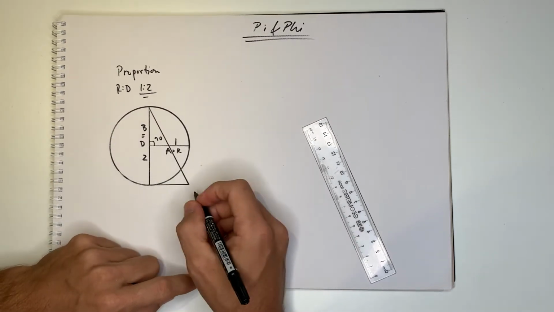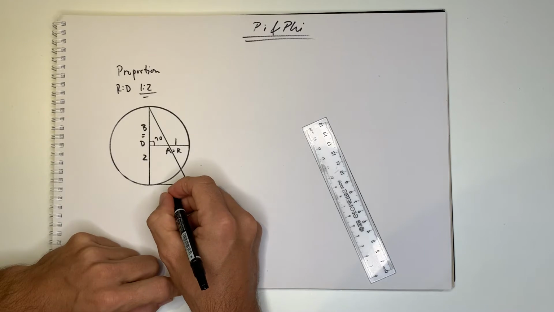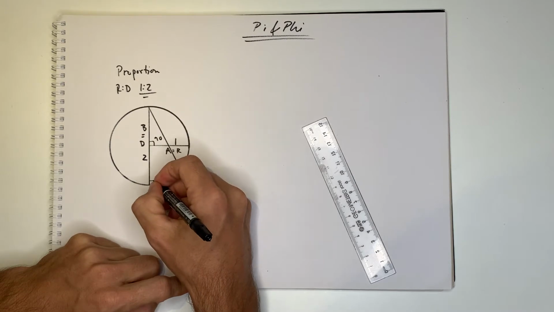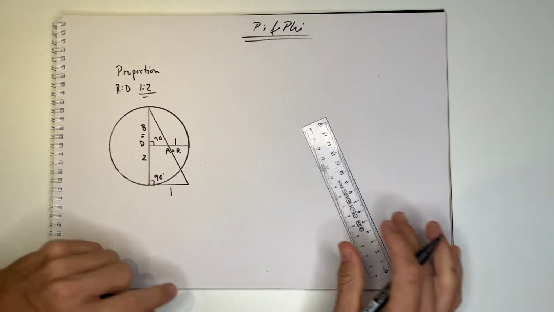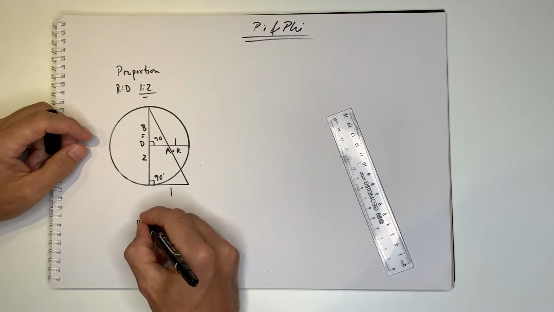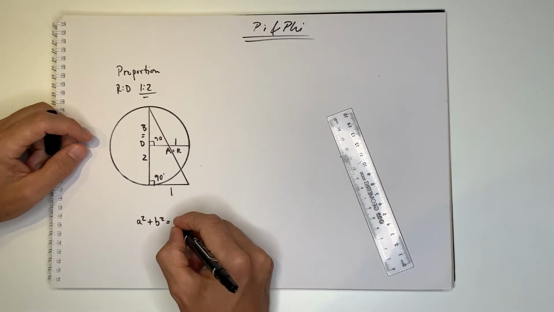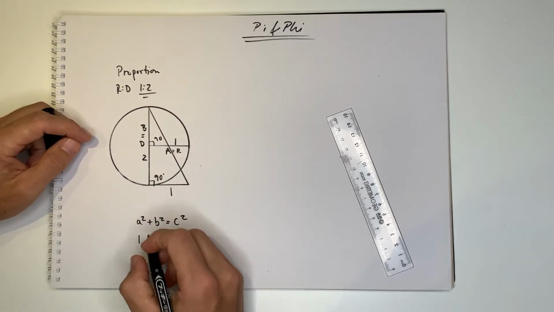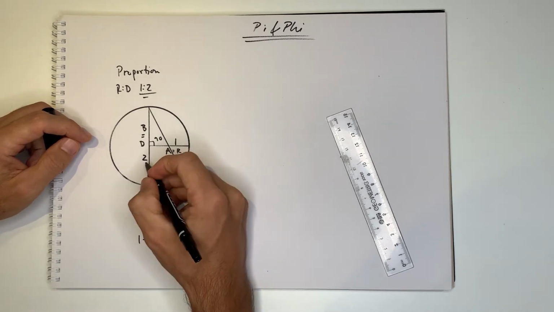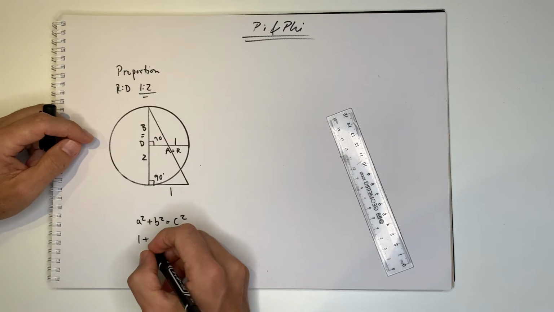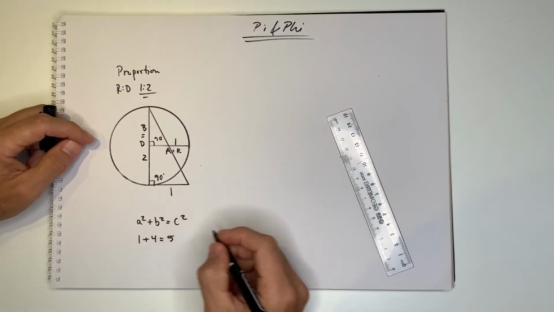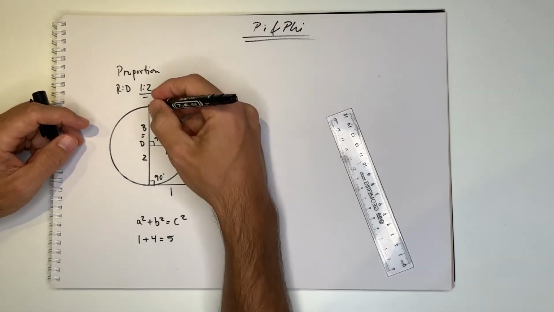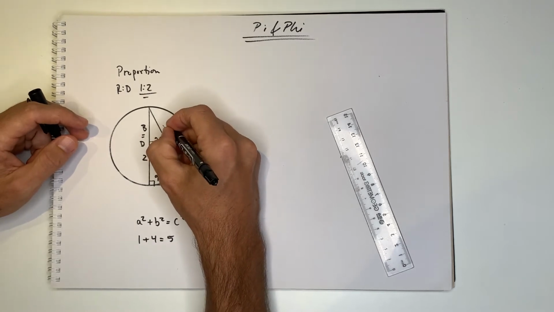Now the sides of the triangle will be 1, 2, and because this is a 90-degree relationship, it is a right-angled triangle, and we calculate it by the Pythagorean theorem. So a squared, the radius is a, so that's 1 times 1, that's 1, plus b, which is 2, 2 times 2 is 4, so that equals 5. So the square of the diagonal would be 5. So one side of that square is of course root 5.